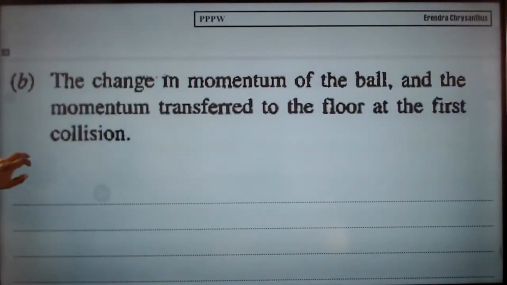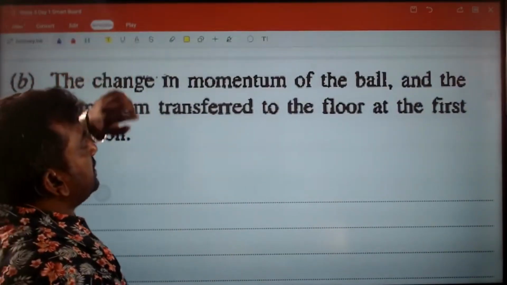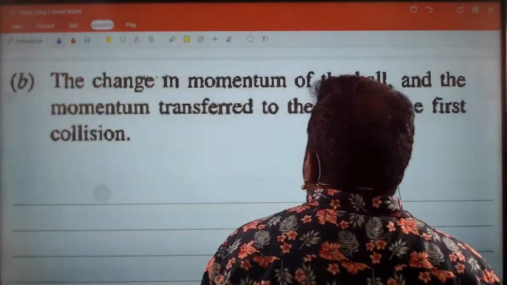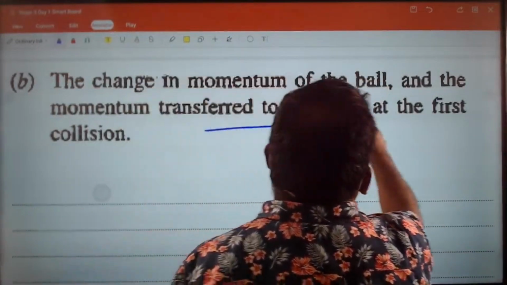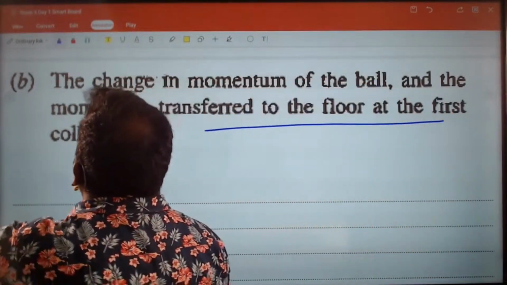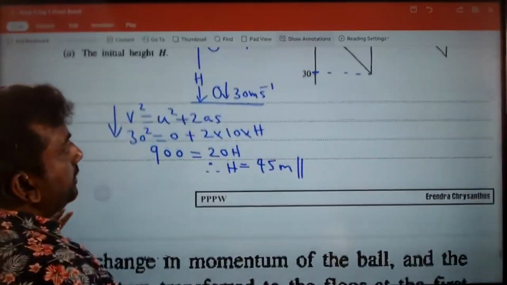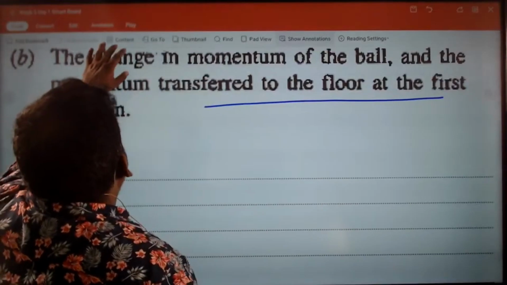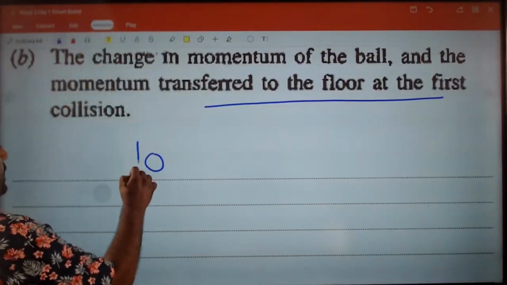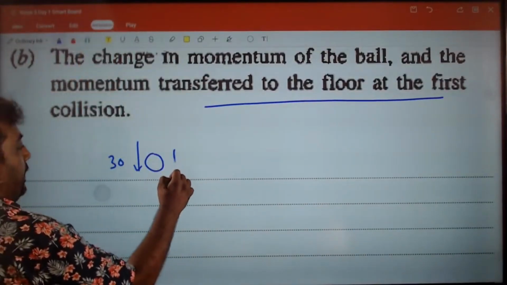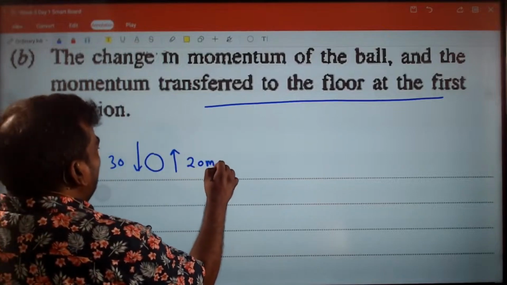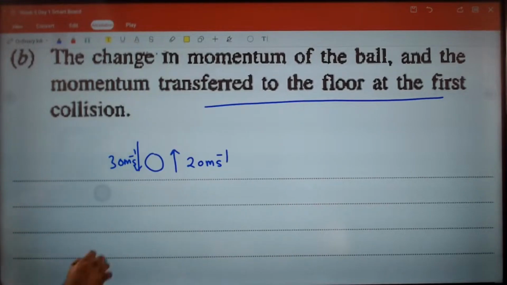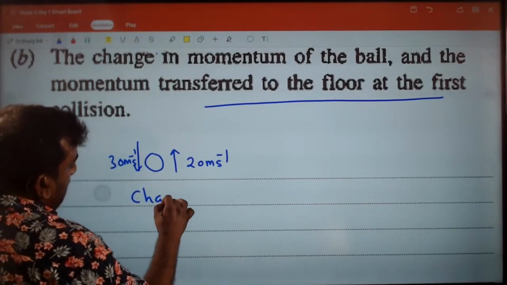Next one. Change in momentum of the ball, and the momentum transferred to the floor at the first collision. Look at the picture. Colliding with 30, rebounding with 20. Simple work.